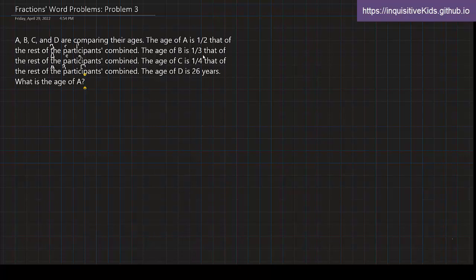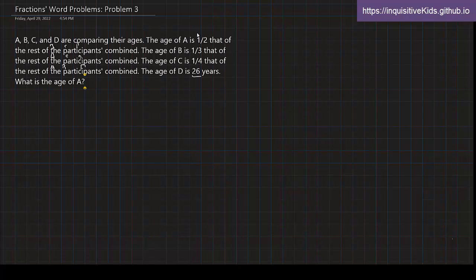So our whole here, we're going to use that number that we're given, and we're trying to find their ages combined. Okay, so we know that the age of A is 1/2, the age of B is 1/3, the age of C is 1/4. So what is the fraction that 26 is in their entire sum, in this whole unit 1?